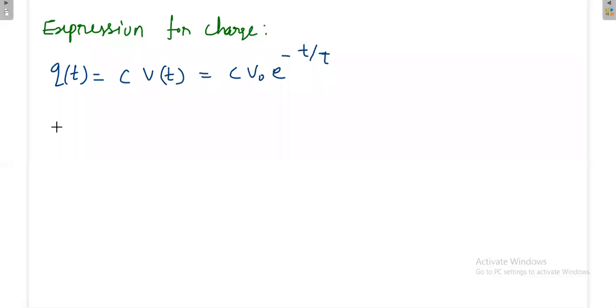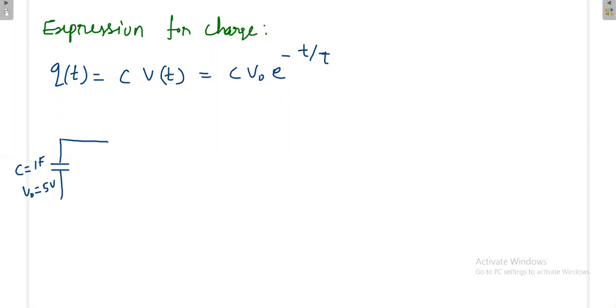Finally, we'll take a simple problem to realize how the energy, voltage and current decay. Assume the capacitor is a 1 farad capacitor with an initial voltage of 5 volts; you can take any value.